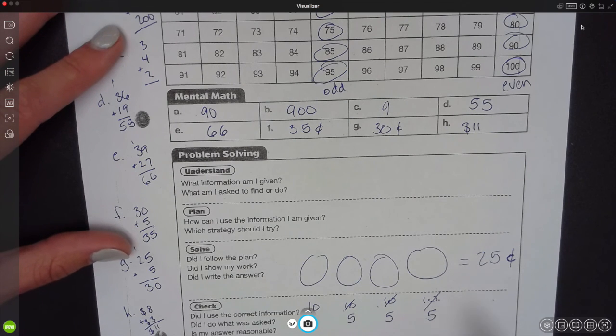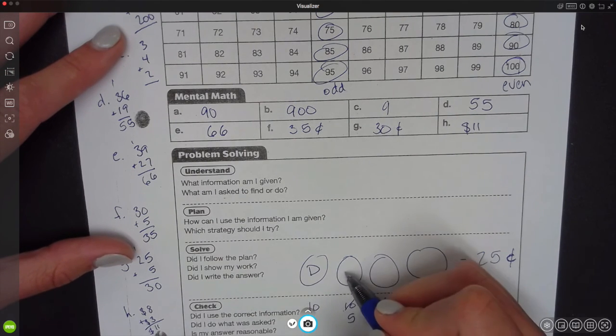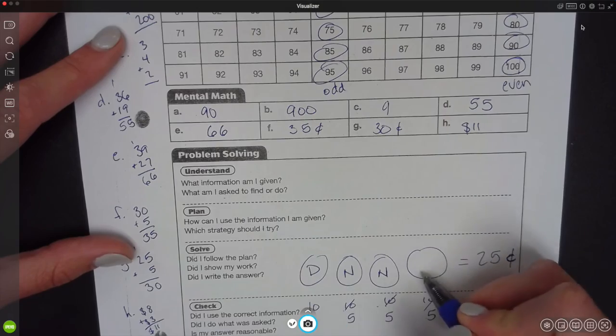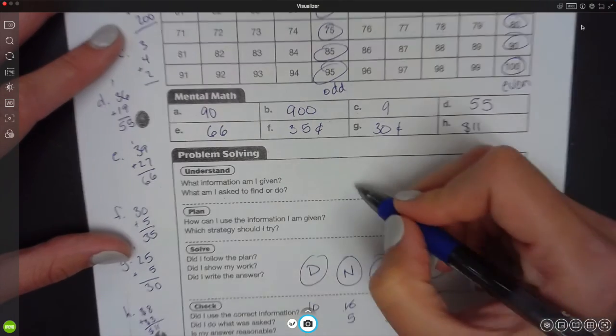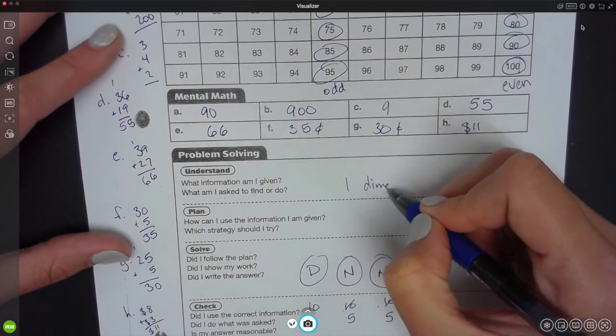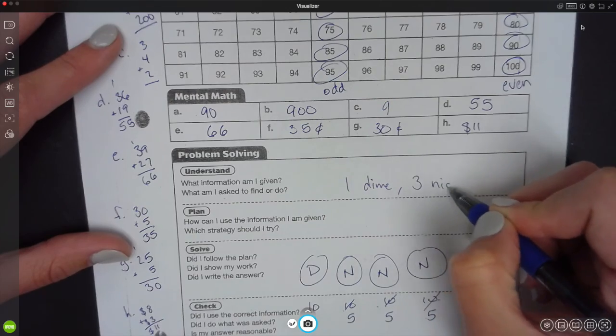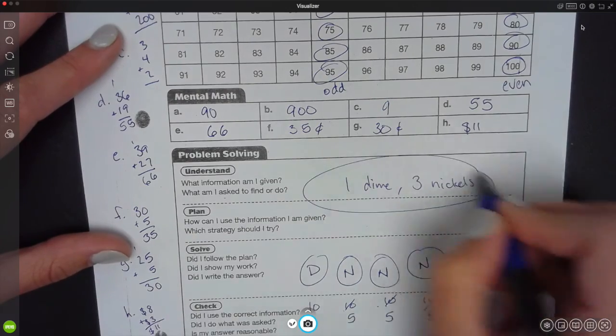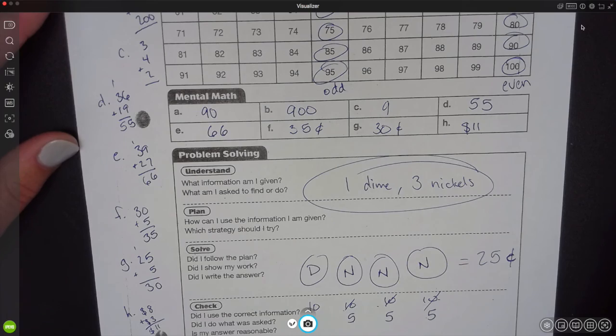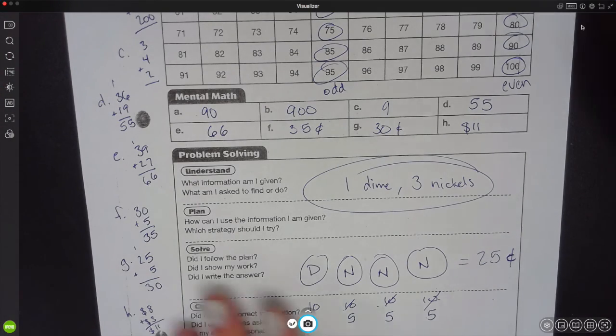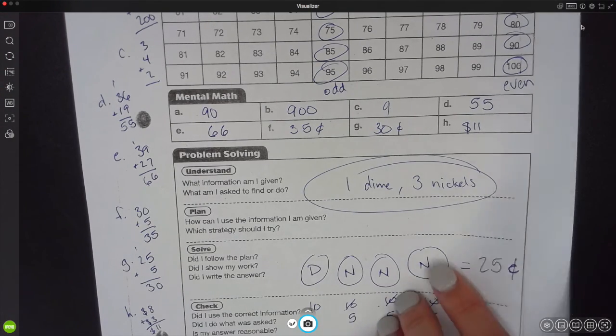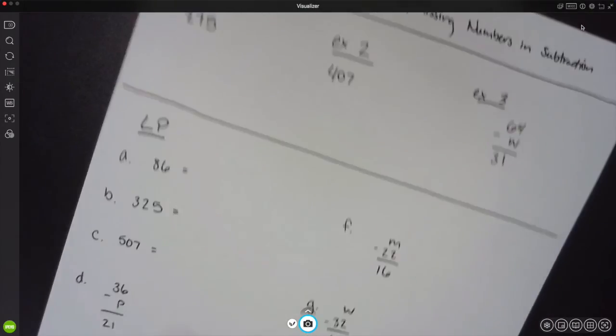Oh, that's what I need. So I need a dime and three nickels. Excellent. When you are done, go ahead and flip it over.